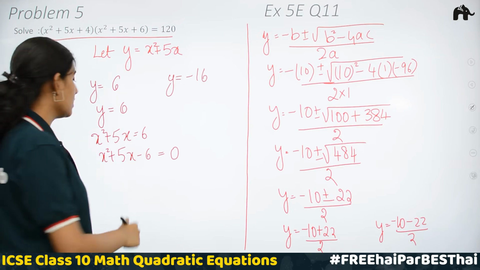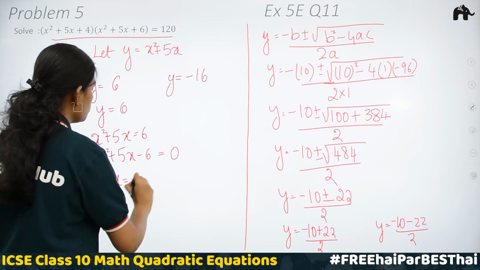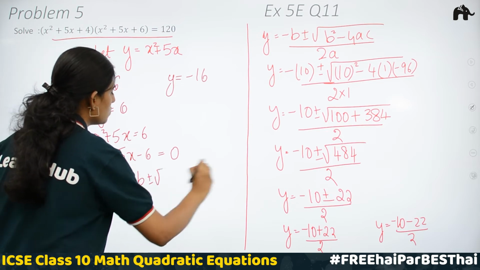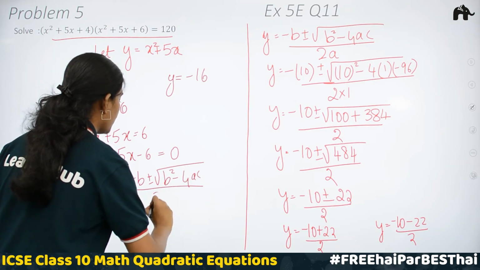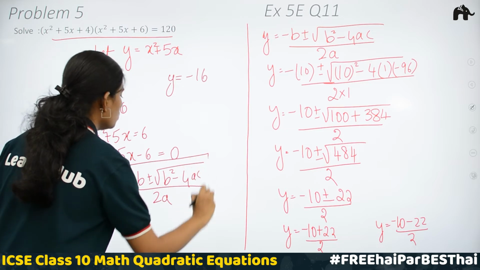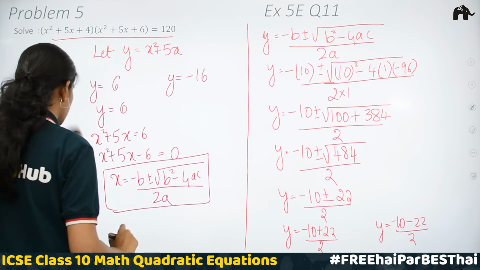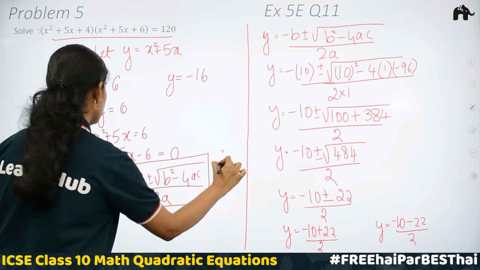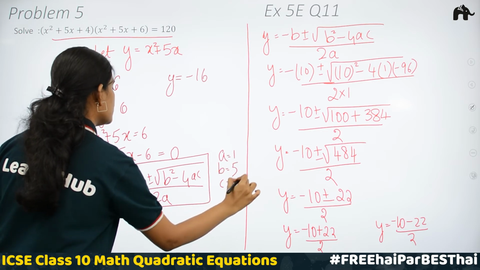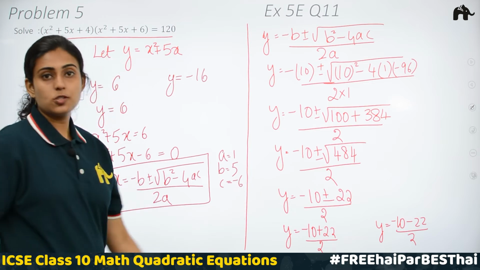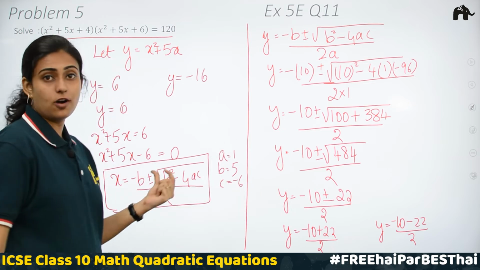Again use the quadratic formula, x = (−b ± √(b² − 4ac)) / 2a. Substitute values for a, b and c. Here a = 1, b = 5 and c = −6. Substitute these values to find the value of x.